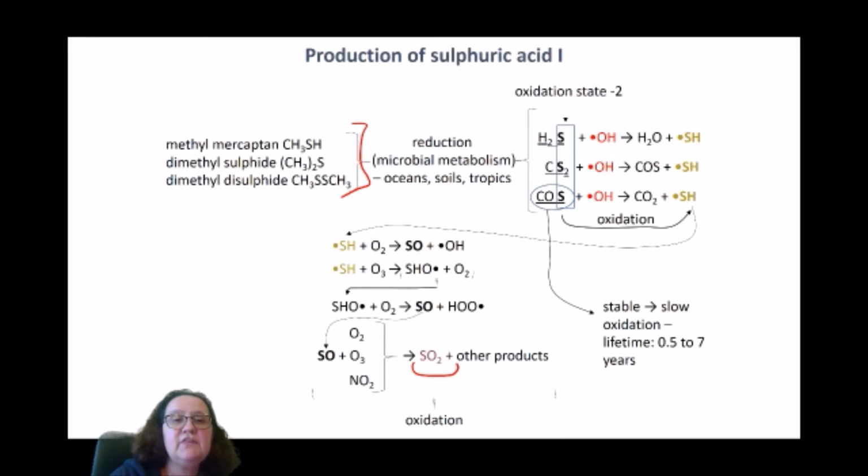Methyl mercaptan, dimethyl sulfide, dimethyl disulfide are sulfur species that, when released into the atmosphere and in contact with the hydroxyl radical, can produce this sulfur hydride radical.